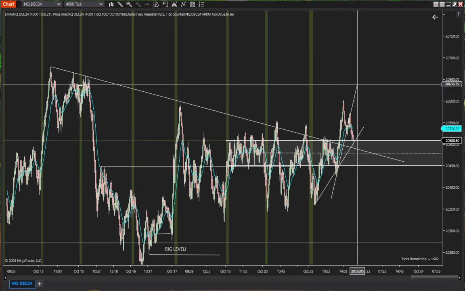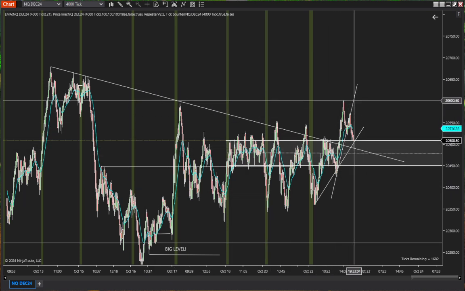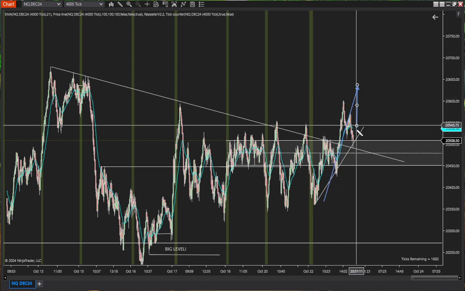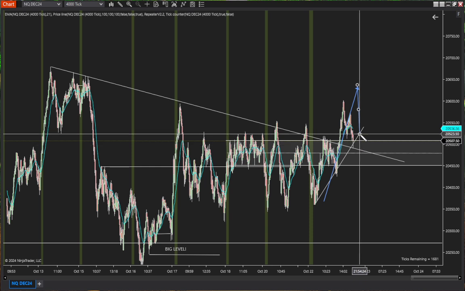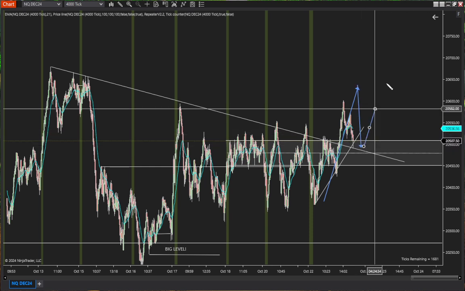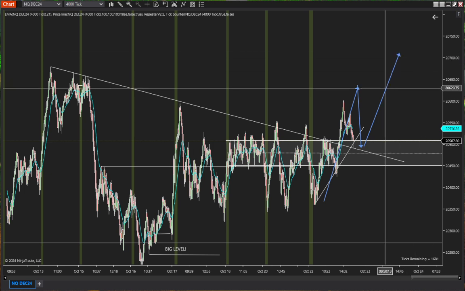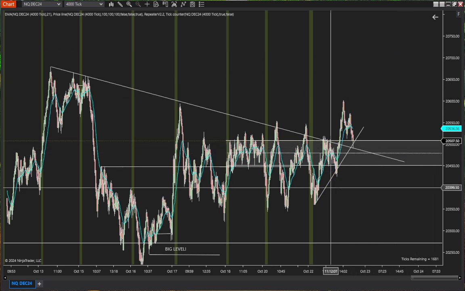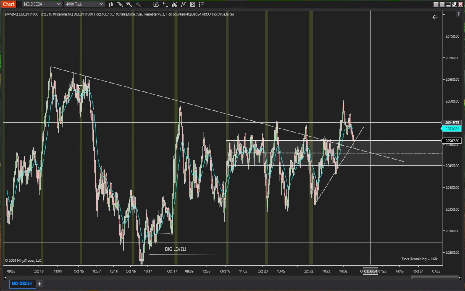We got a breakout and we're pulling back. Then you would look for the long. You also have this trend line here that's holding.